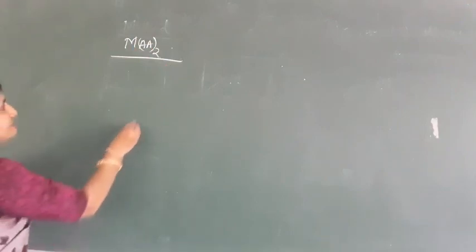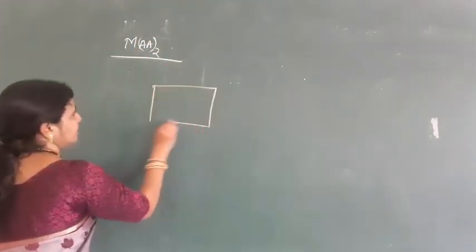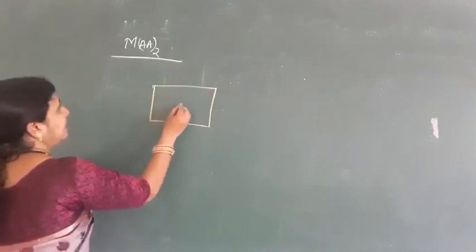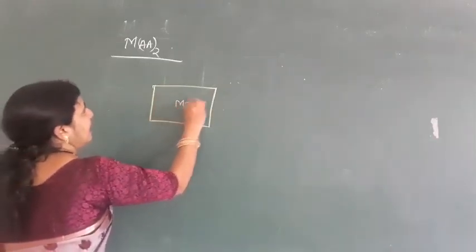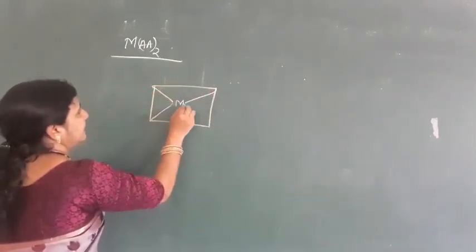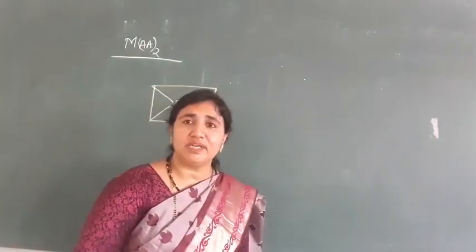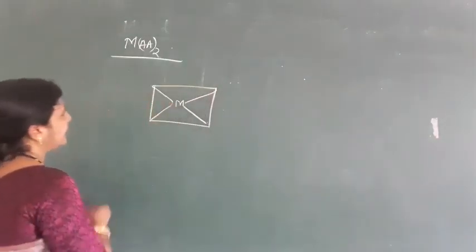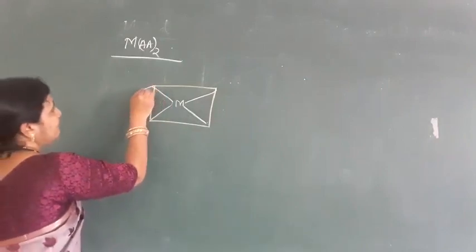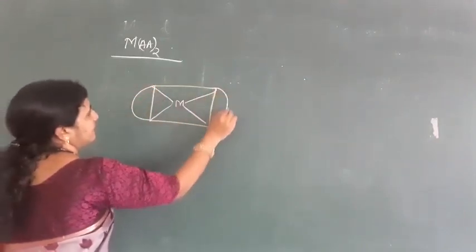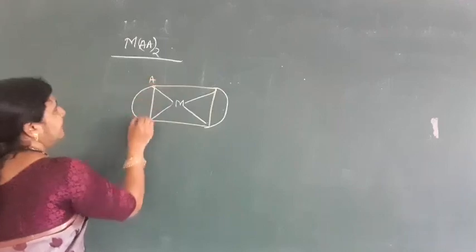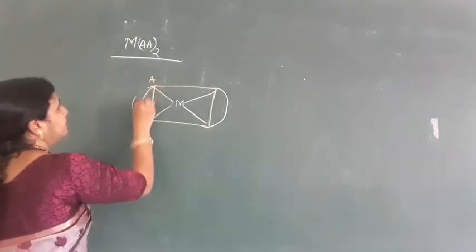If we have similar ligands in this octahedral structure, how will we get it? This is our metal atom and the bidentate ligand. Bidentate ligand means there are two donor atoms, so they will form a ring like this. Here we have A, and here also we have A.